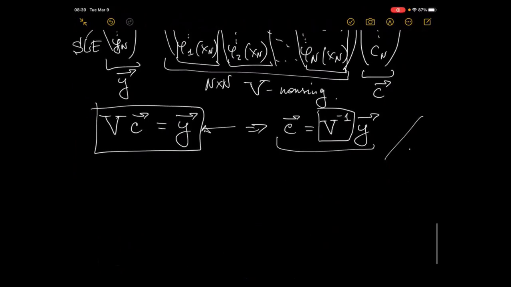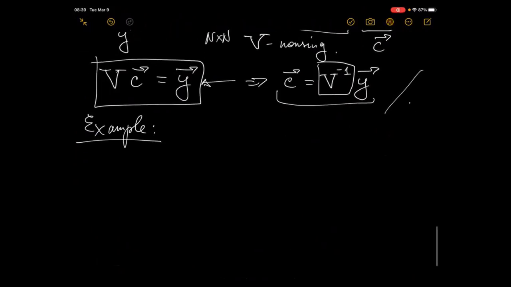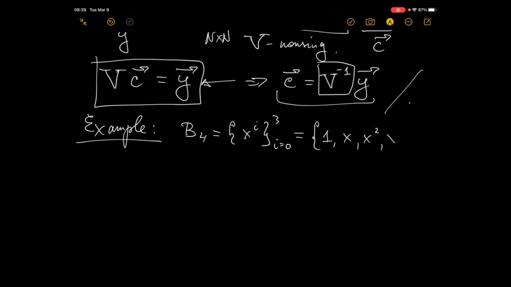So let us consider an example. Let us consider the following basis: x^i, where i goes from 0 to 3, or I can say i equal to 0 gives you 1, then x, x squared, x cubed, just like that.